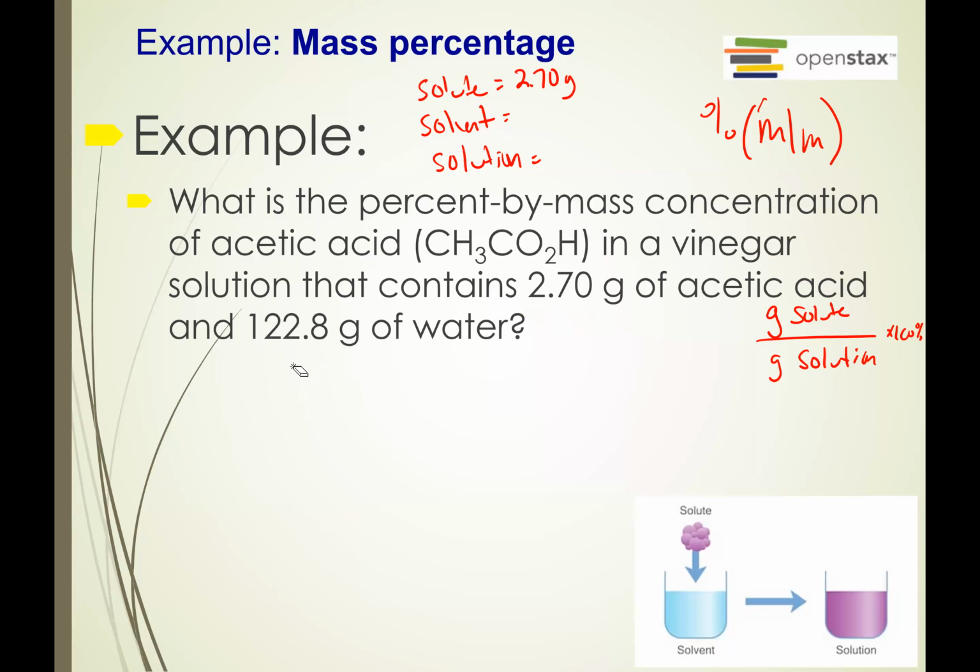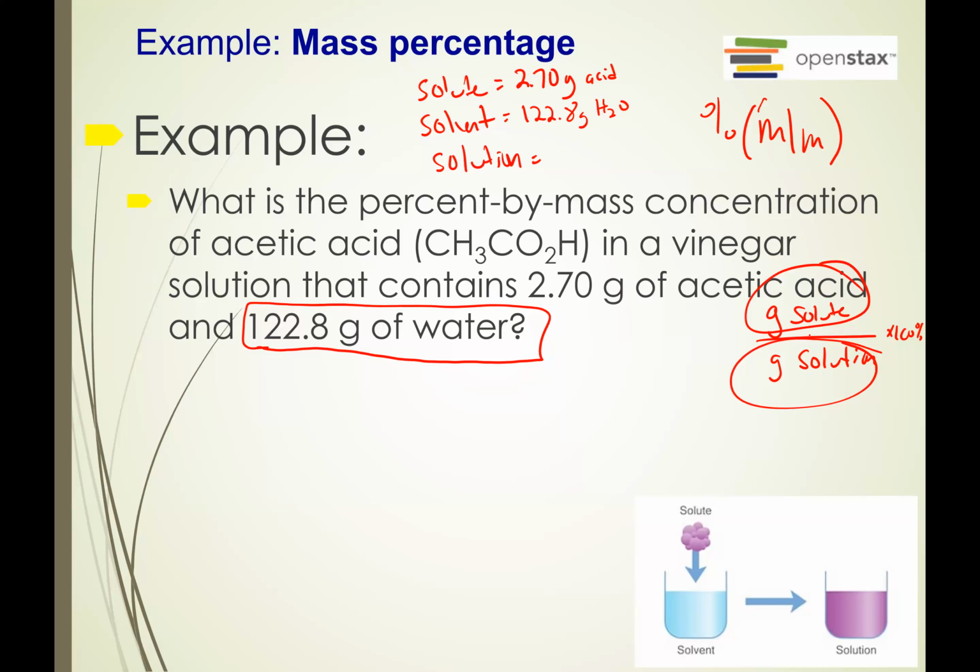Okay, now we need to know what our solvent is and what our solution is. What is water? Is water a solution or is water a solvent? It's a solvent, right? So water is our solvent. So 122.8 grams is our water, I'll just put this so we know which one we're talking about. Okay, so we need grams of solute over grams of solution.